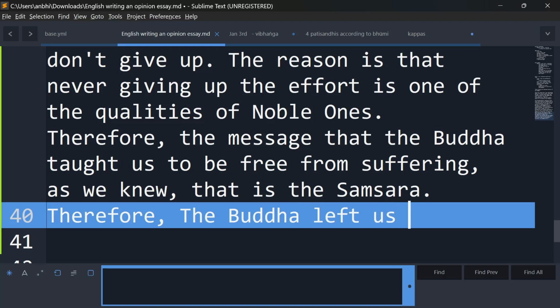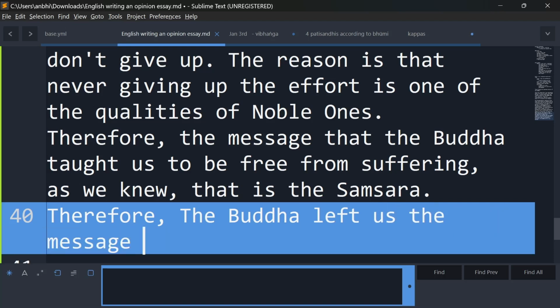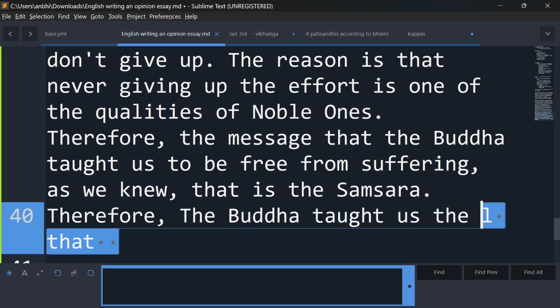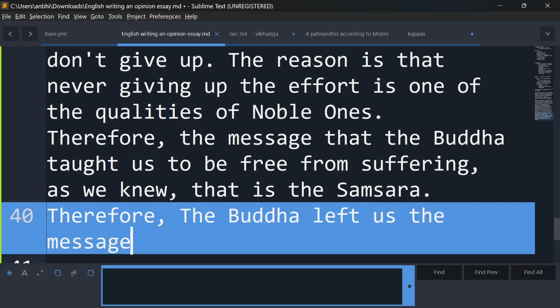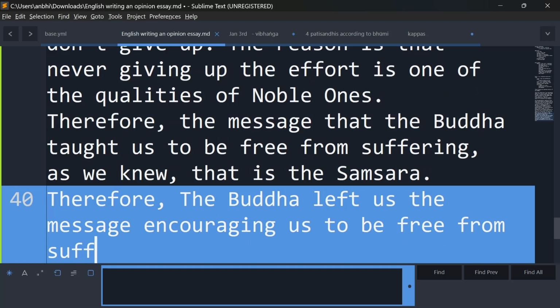So I'll try it like this. Therefore, the Buddha left us the message that, or the Buddha taught us, not the message, is a bit strange, taught us, or therefore the Buddha left us the message encouraging us to be free from suffering.